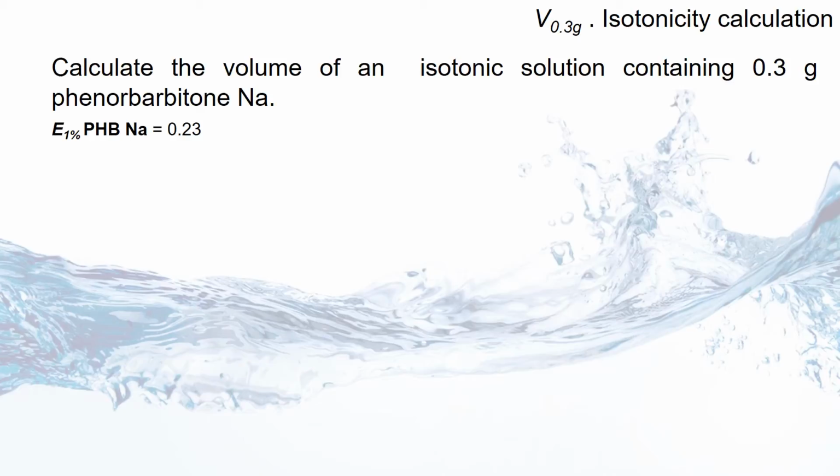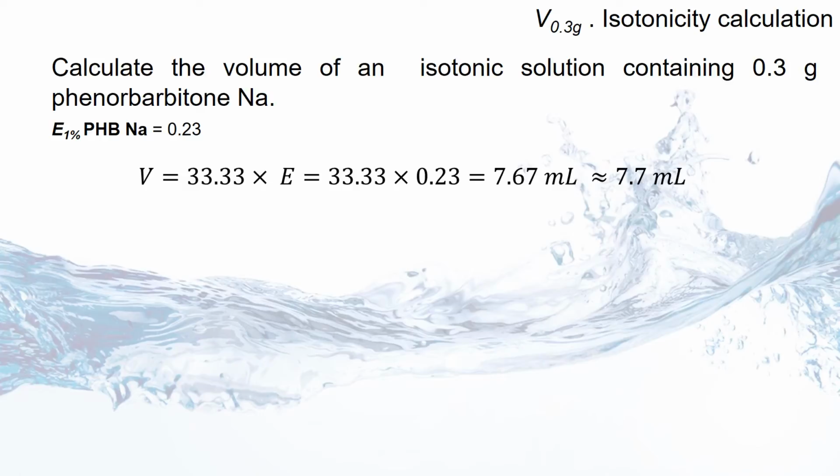First, let us look at the very simple example shown here, where you just have to calculate the V 0.3 gram. In order to calculate that, you will need the value of E 1%. Again, if you are not given E 1%, you should simply calculate it by using the ratio of freezing point depressions of the active ingredient with sodium chloride.